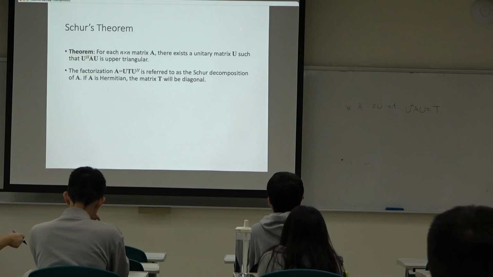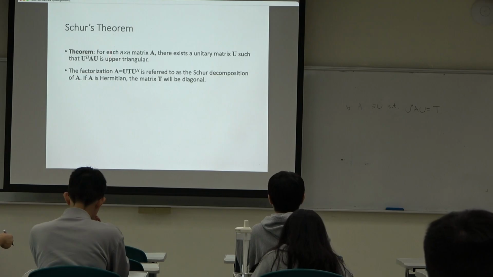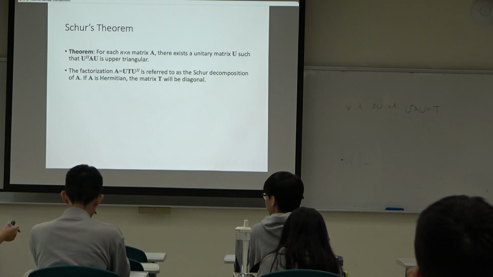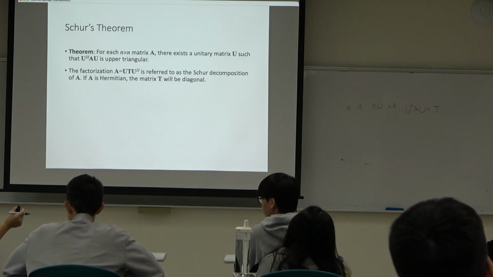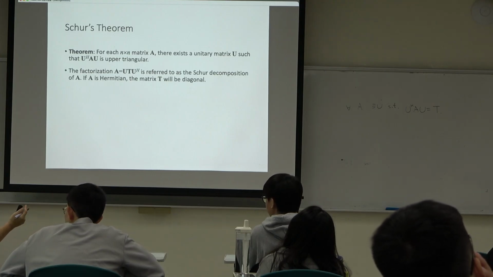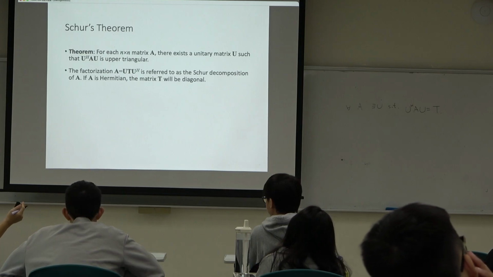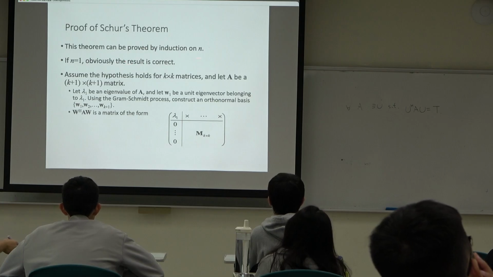And U^H A U is still A, but since A only has 1 element, it must be upper triangular, right? Because it's 1 by 1. So obviously the result is correct.